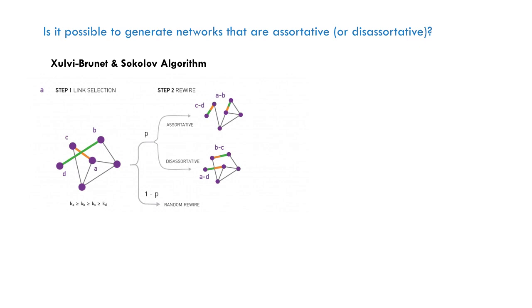And so if we use these different p-values to generate these different models, we can see how it would impact the level of assortativity. Here we have 2 graphs, one for the assortative case, one for the disassortative case.